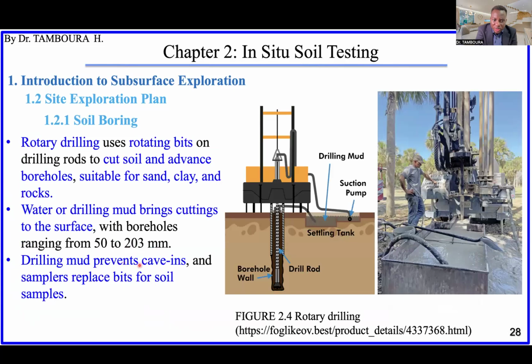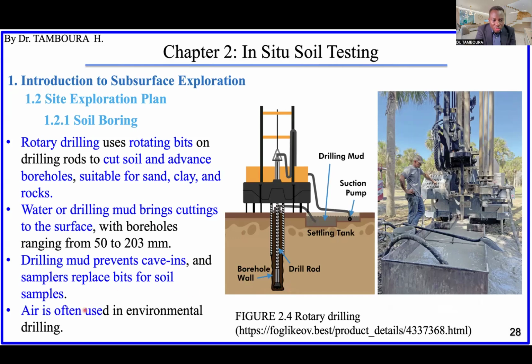Drilling mud prevents caving, and a sampler replaces the bit for soil sampling. You see this bit here can be replaced by a sampler, and it can help to make a soil sample.